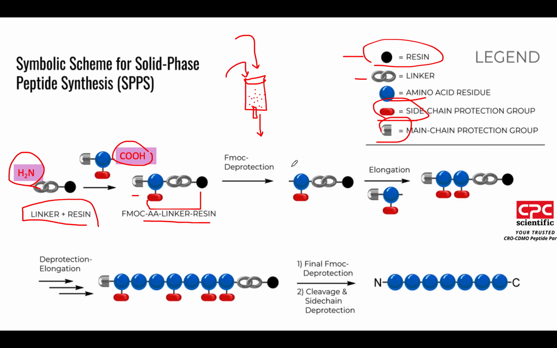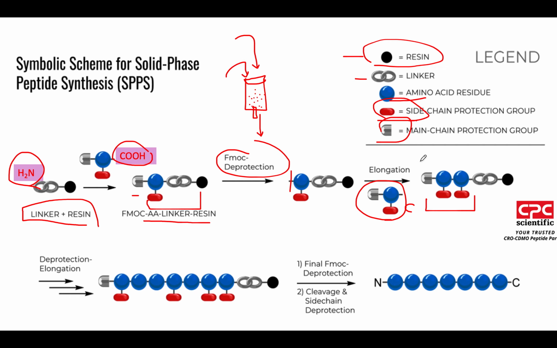The next step is to remove this Fmoc via Fmoc deprotection using something like 20% piperidine in DMF. The removal of the Fmoc group exposes the amino group of the amino acid. Then you can add the next amino acid, which has the carboxyl group here, and via the same condensation reaction, you're going to form a dipeptide.